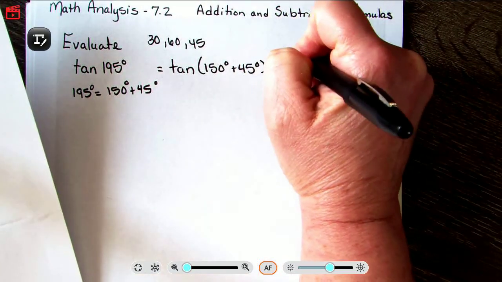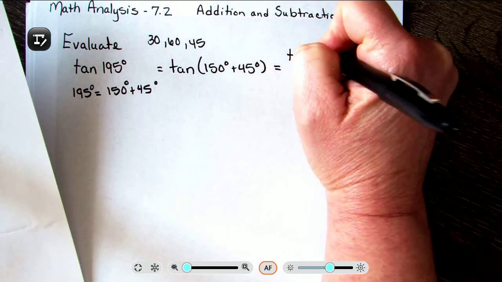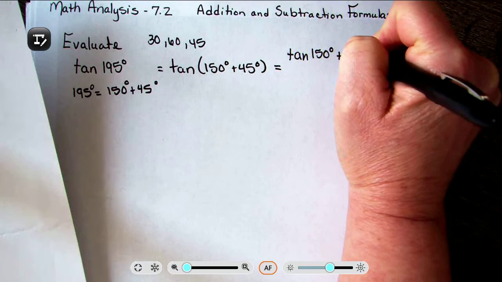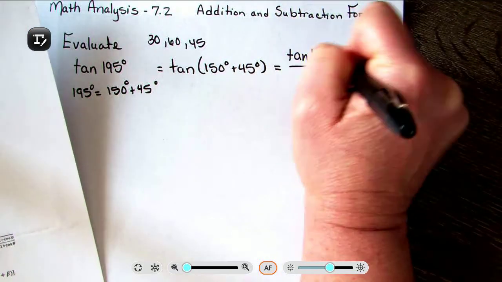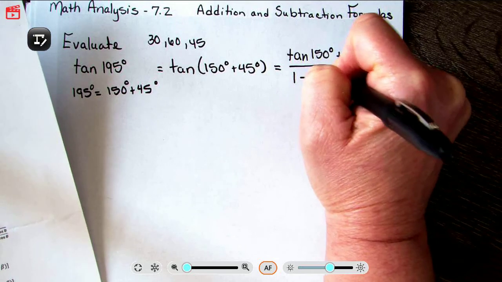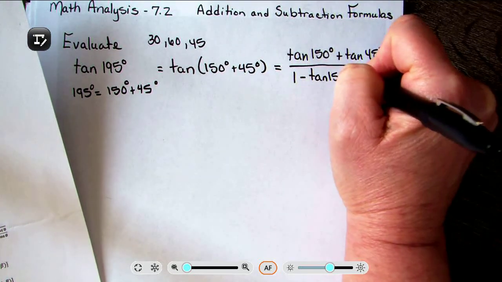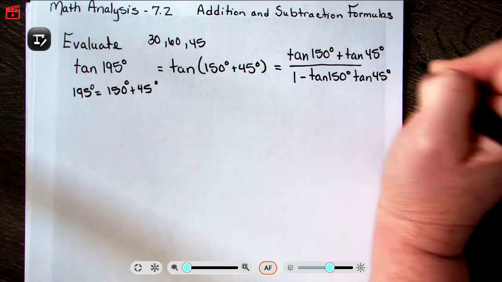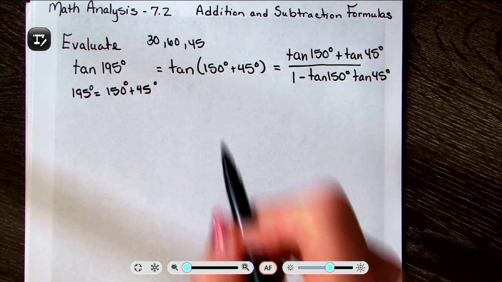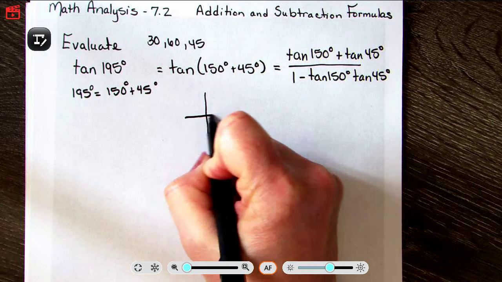So this is going to be the tangent of 150 degrees plus the tangent of 45 degrees, all over 1 minus the tangent of 150 and the tangent of 45. Now 150 and 45 are triangles that we know, so I'm going to remind us what they look like.